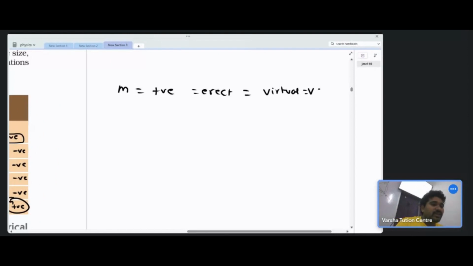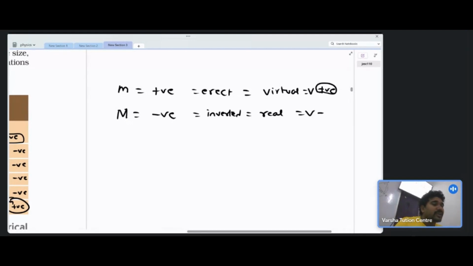V should be positive. Understand? So if m is negative, we'll tell it as inverted, which is equal to what? Real. Clear that thing now?